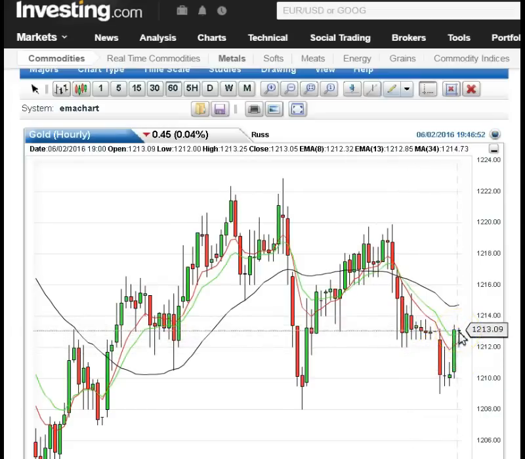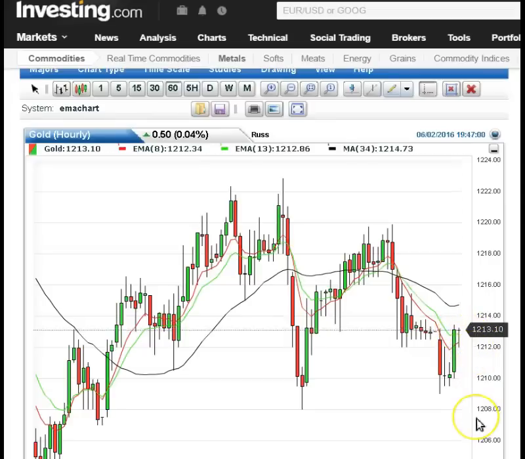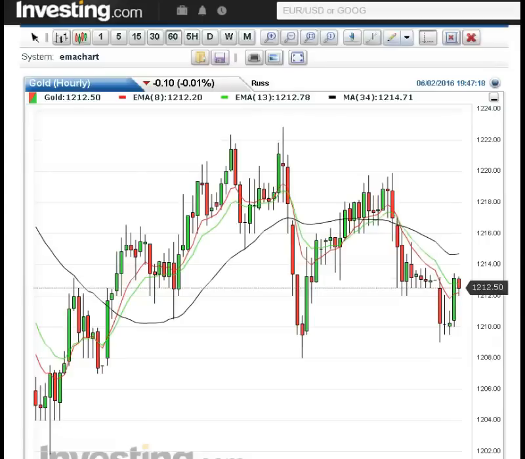Not a gravestone. Gravestones are at the top. Dragonfly doji at the bottoms, where the price closes as it opened. So it's got a oh, there it goes. Not a dragonfly doji anymore. All right, so keep an eye on that.